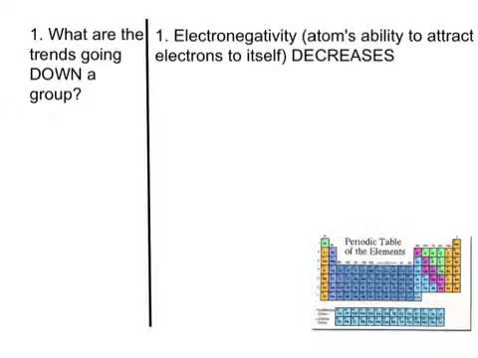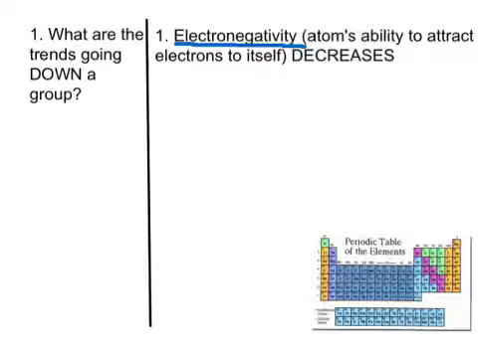Now we're going to get into the more complicated trends going down a group. We're going to start with the first one, called electronegativity. Good word here. Electronegativity is a feature of an atom: it's the atom's ability to attract electrons to itself.